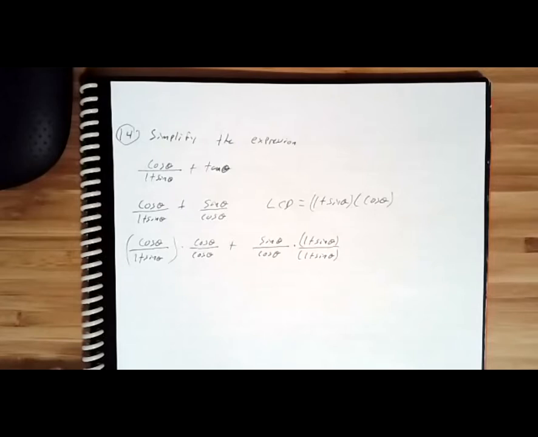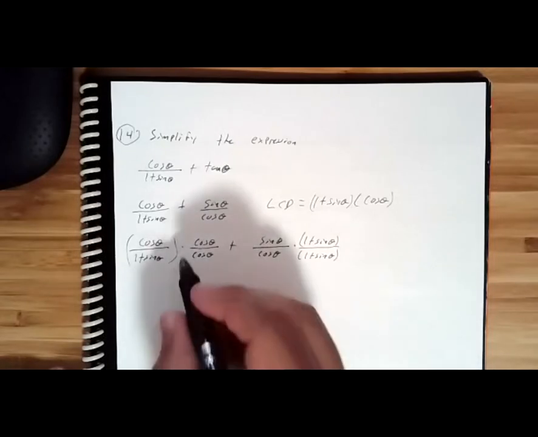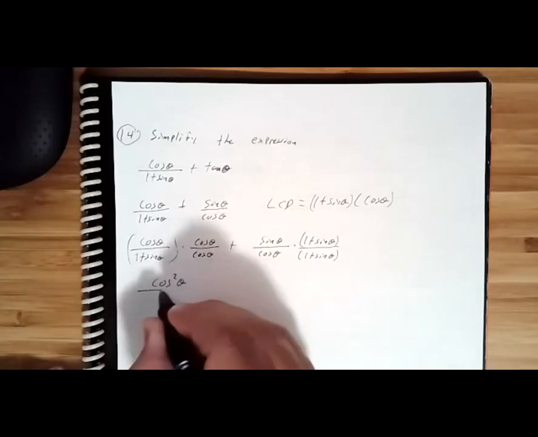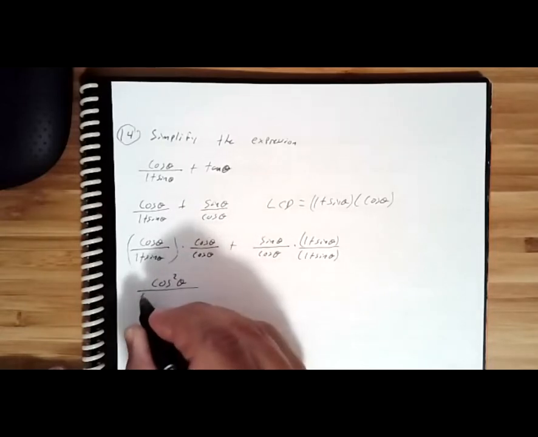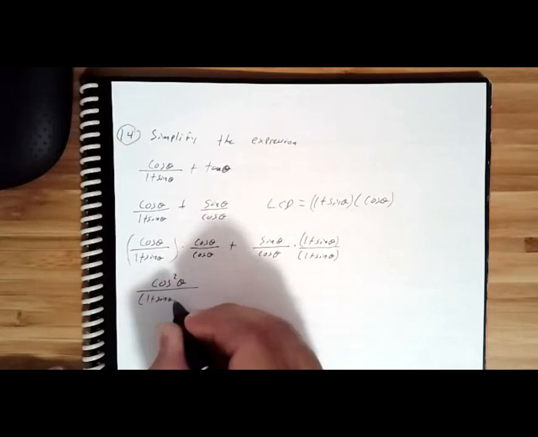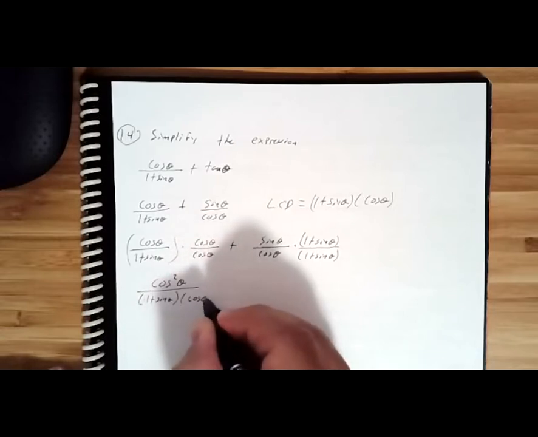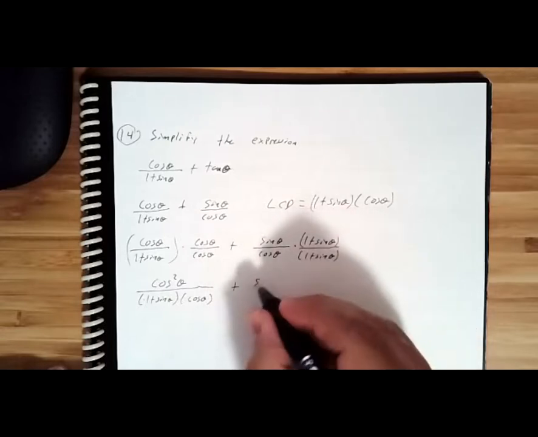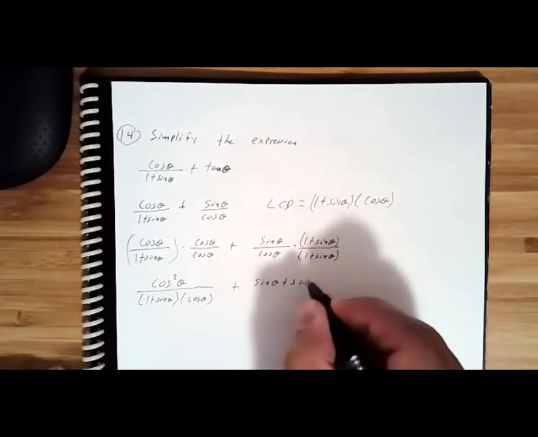Okay. All right then, so cosine times cosine will give us a cosine squared over, I'm just gonna go ahead and leave it like this. Plus multiply that out, that'll give you sine theta plus sine squared theta over the LCD.